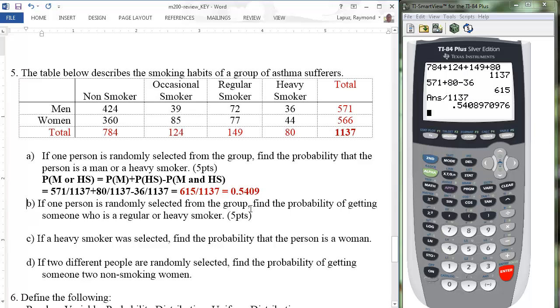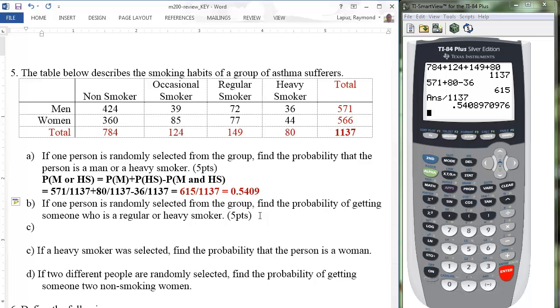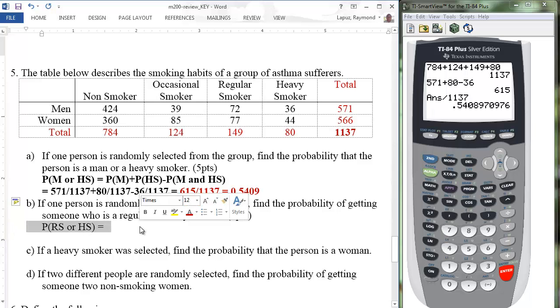Now the person selected is a regular or a heavy smoker. So how is that going to look? The probability that we get a regular smoker or a heavy smoker would look something like this for starters.